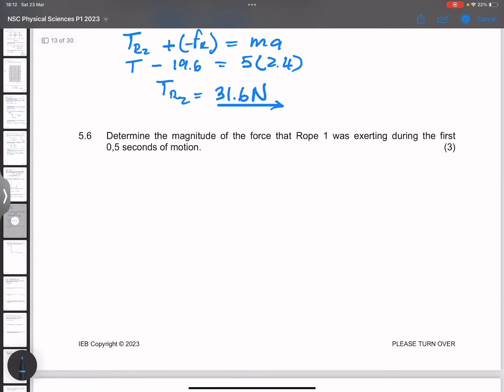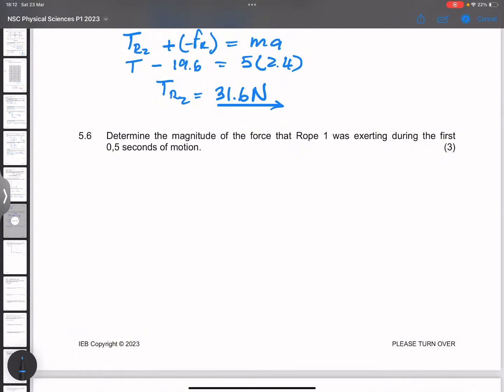They say determine the magnitude of the force that rope 1 was exerting during the first 0.5 seconds of the motion.